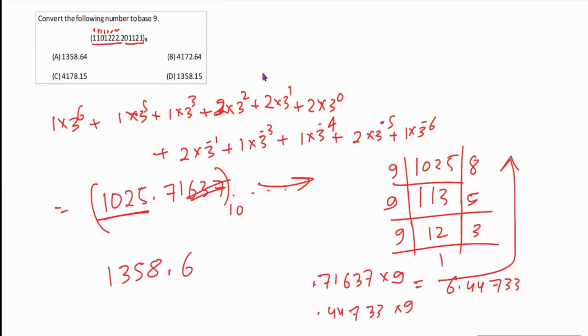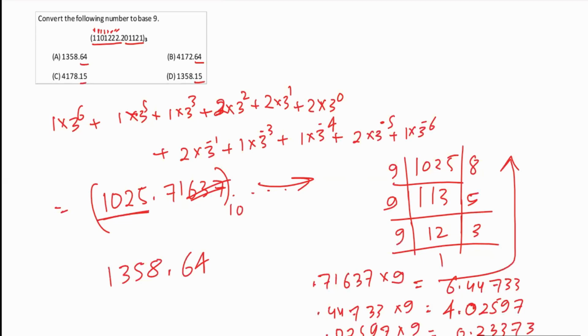You can again multiply by 9, and you will get 4.02597. So you can take out this 4. And again, 0.02597, if you multiply by 9, you will end up with 0.23373.